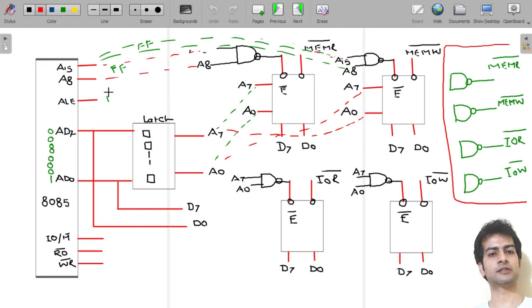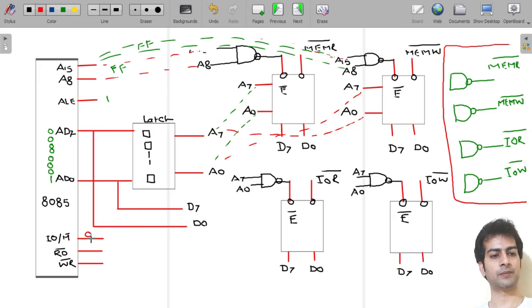Suppose the microprocessor wants to do a read operation from memory. What will be the status of the control signals?